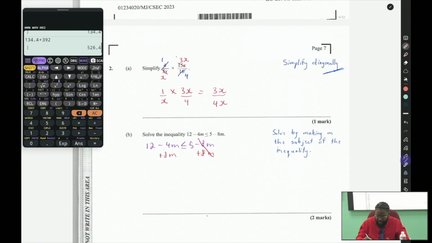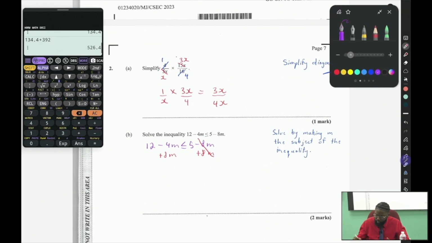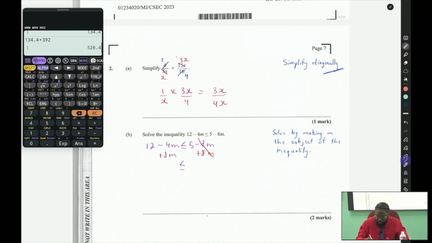So this would cancel, which would leave us with 5 on the other side, and then negative 4m plus 8m would then give us positive 4m. I carry back down the 12.